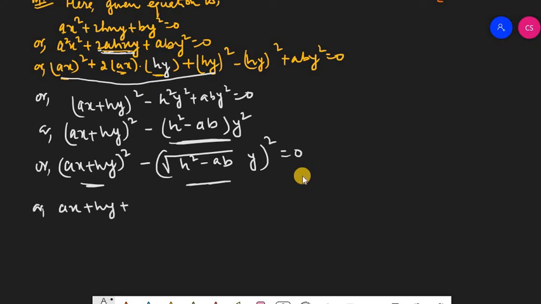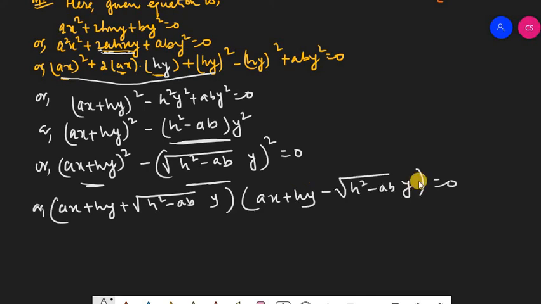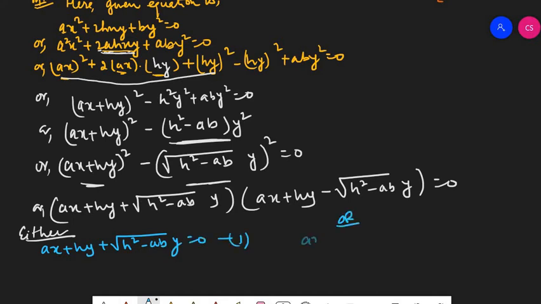So a plus b, a minus b equals to 0. So either ax plus hy plus root under h square minus ab times y equals to 0, or ax plus hy minus root under h square minus ab times y equals to 0.